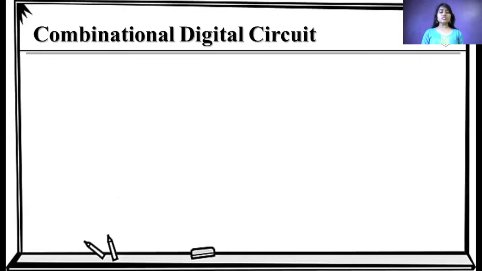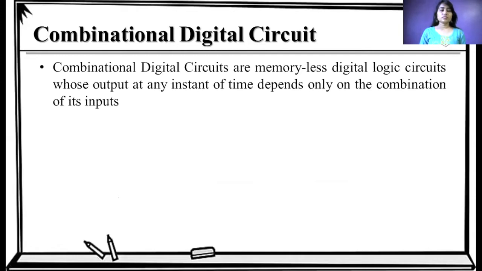Combinational digital circuits. Combinational digital circuits are memoryless digital logic circuits whose output at any instant of time depends only on the combination of its inputs. That means in a combinational digital circuit, present output depends on present input condition at any instant of time.